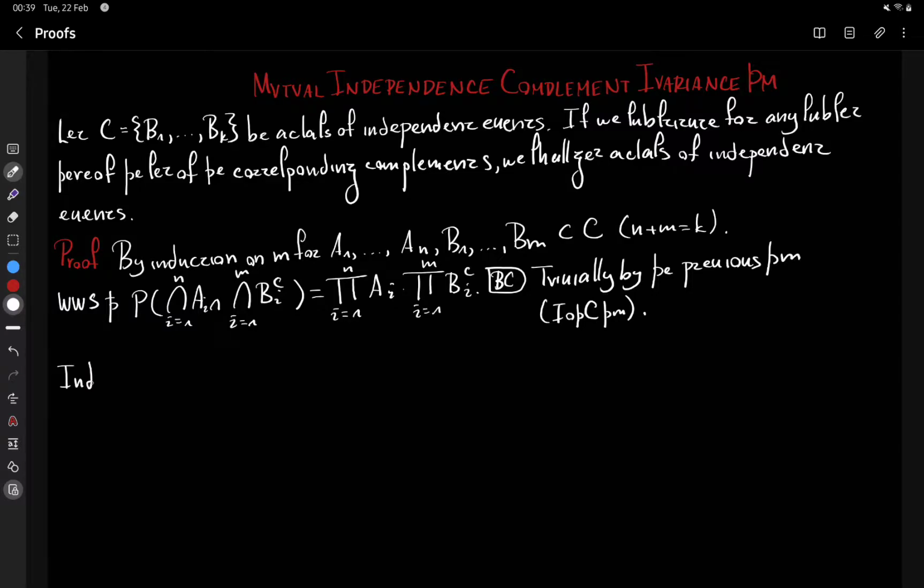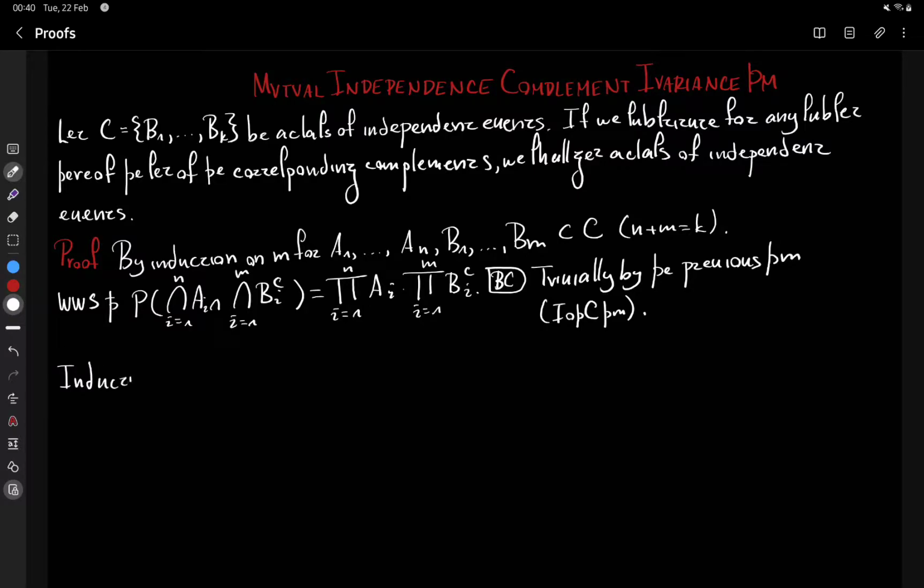Now, the induction step. It is clear what the induction hypothesis is. We assume that the claim holds for m B's, and we want to show that it will hold for m plus 1. Or rather, for k and k plus 1 then.